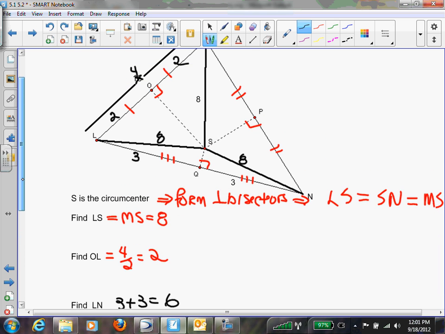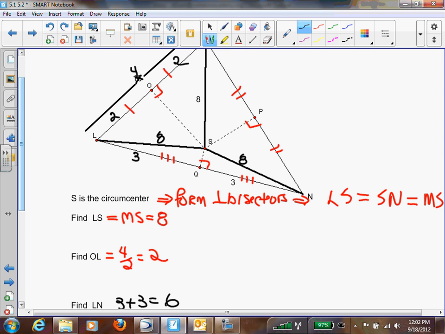SQ. Where is SQ? It's a little perpendicular length, right? Do we know how all of the perpendicular lengths are related? No, we only know that the lengths from the vertices to the circumcenter are congruent, right?